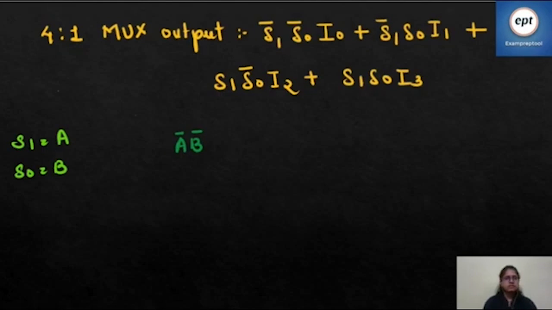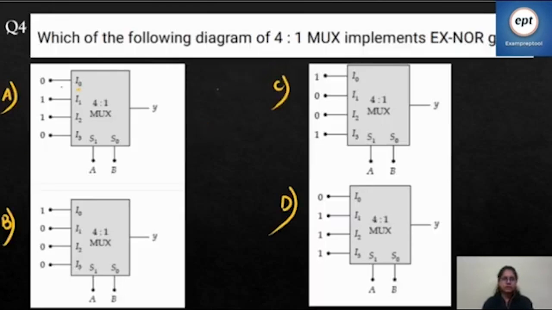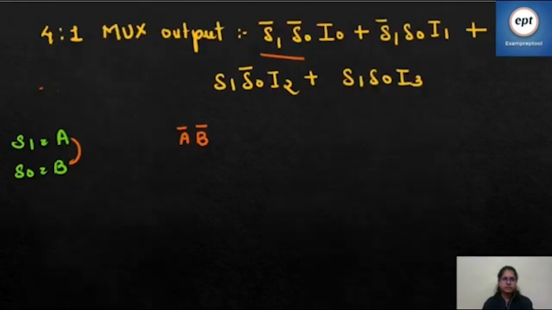I think this is not much visible, so for better visibility, let's write it here. It will be A bar, B bar, C. This we are putting here. In the first option, I0 is 0, you can see I0 is 0, so we will write 0.